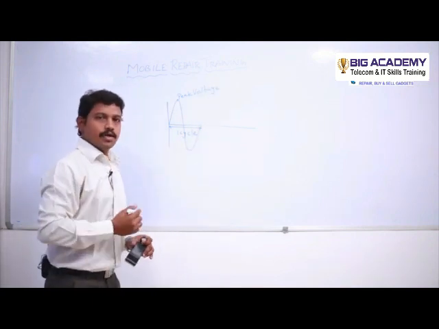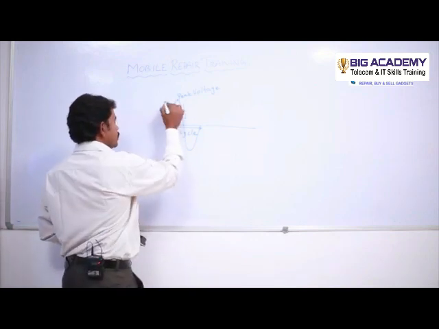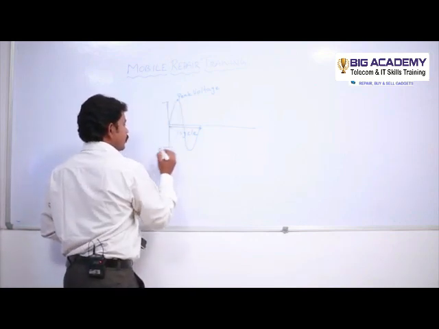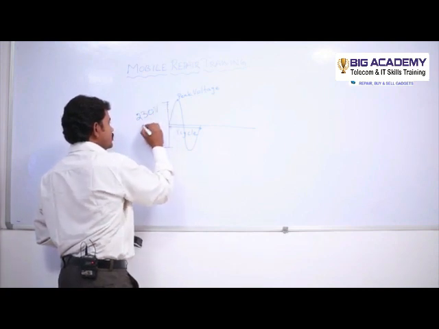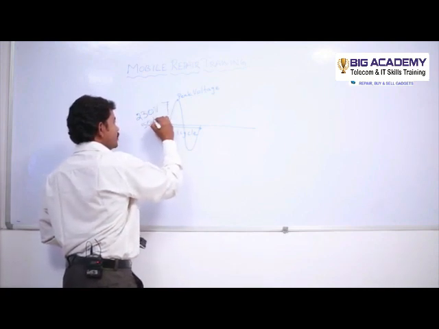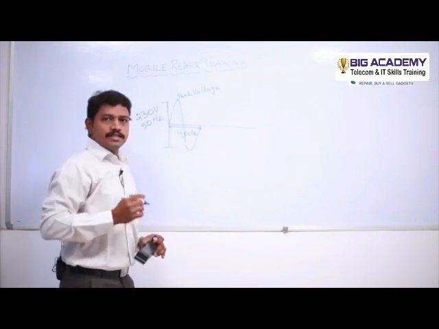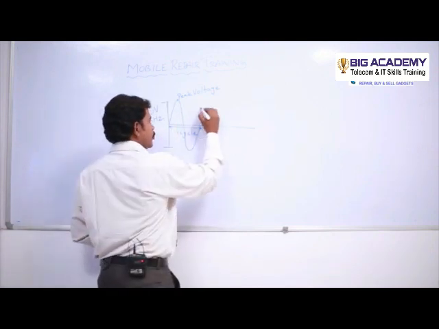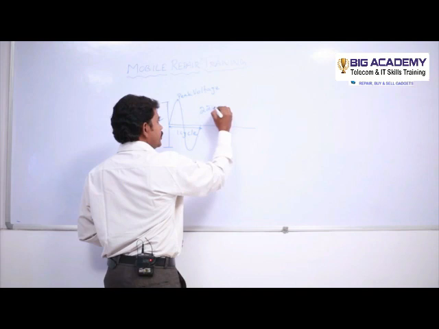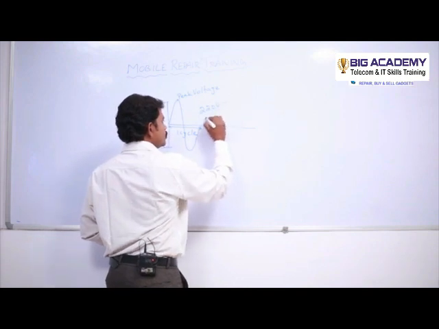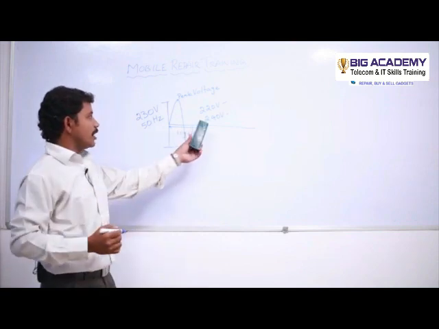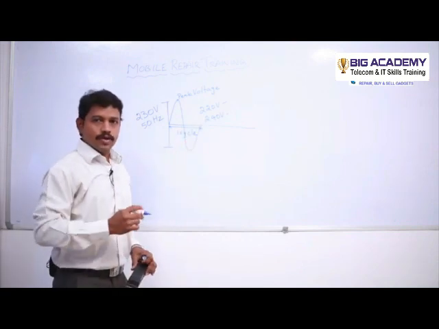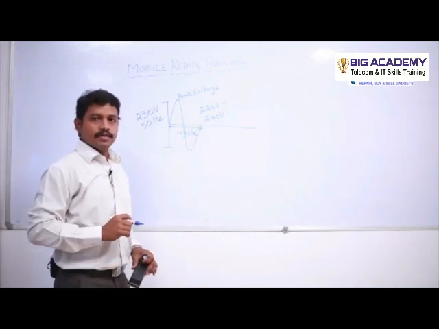In our country we have a grid range of 230 volts and 50 hertz. This 230 volts is approximately 220 volts to 240 volts. So this is our country's range in the AC signal.